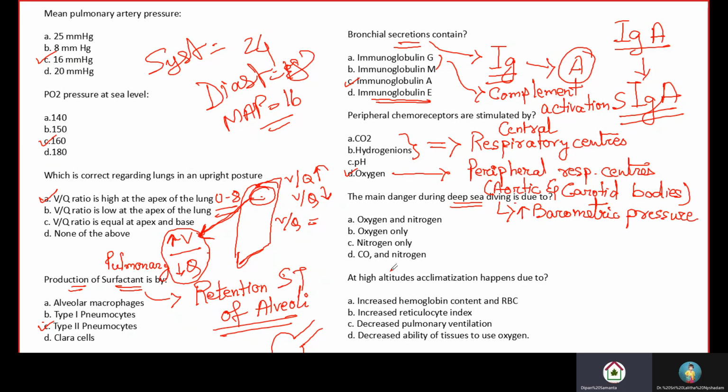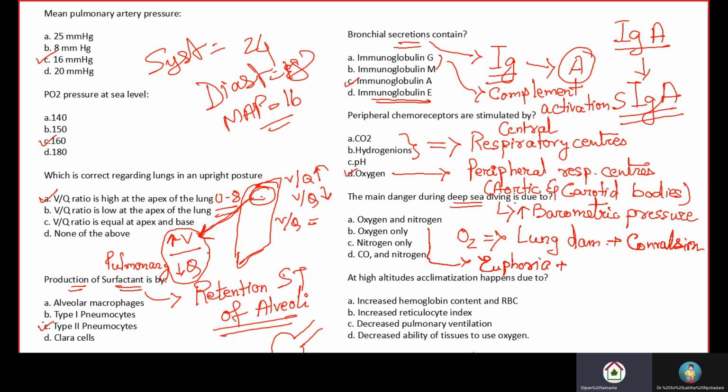Okay, so with oxygen and nitrogen, what occurs is that oxygen excess mediates lung damage and convulsion. And nitrogen causes euphoria and impaired performance.